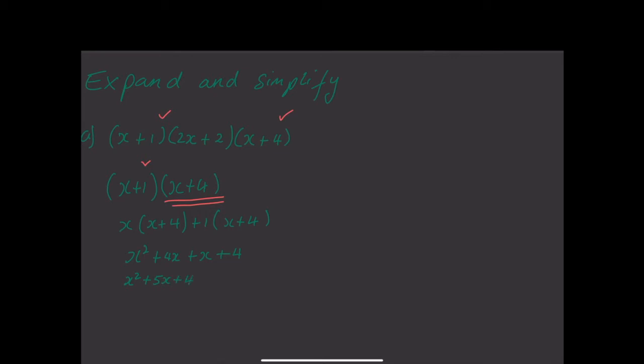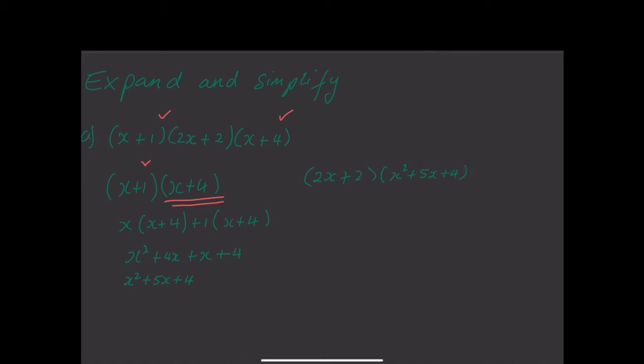Now we have to multiply 2x plus 2 bracket into x squared plus 5x plus 4.